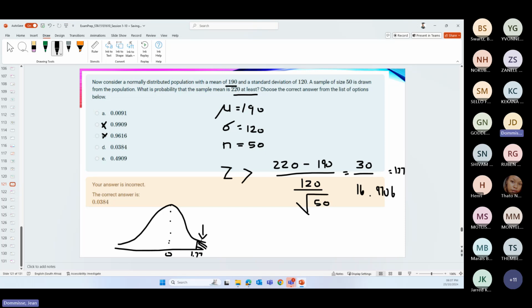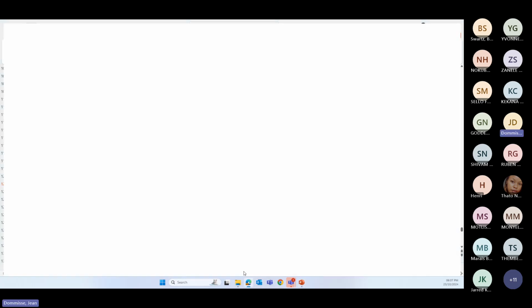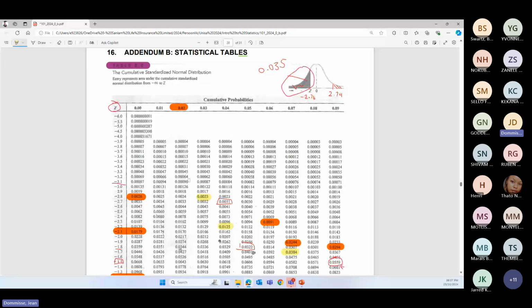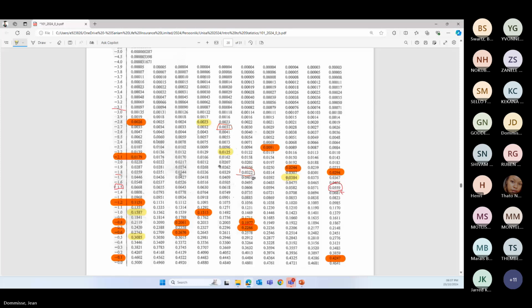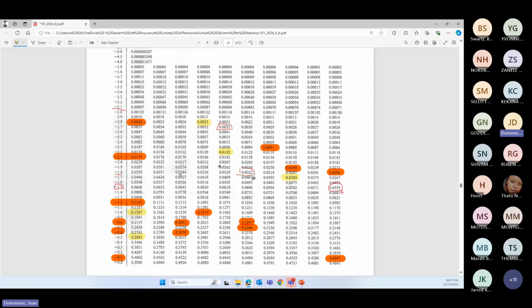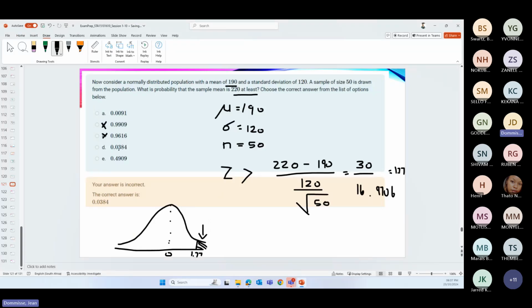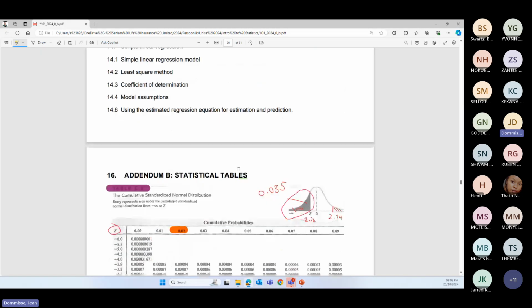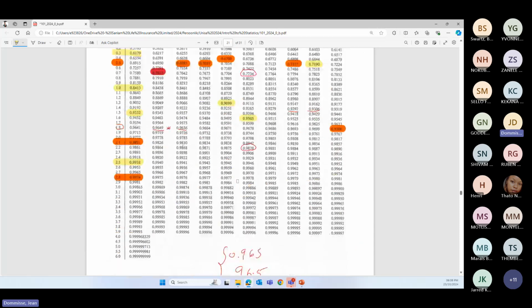So I can again look at the negative table, 1.77. Is it that one? 0.0384. Or we can go to, I just want to show you also the positive table, 1.77.